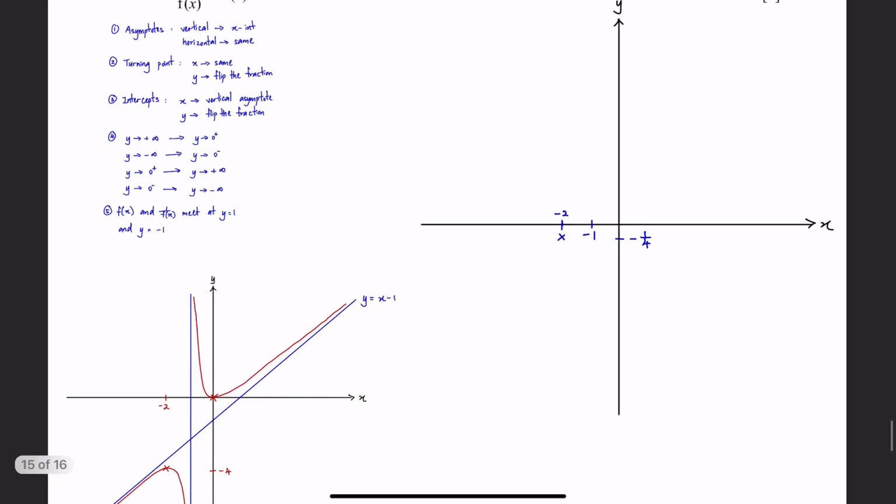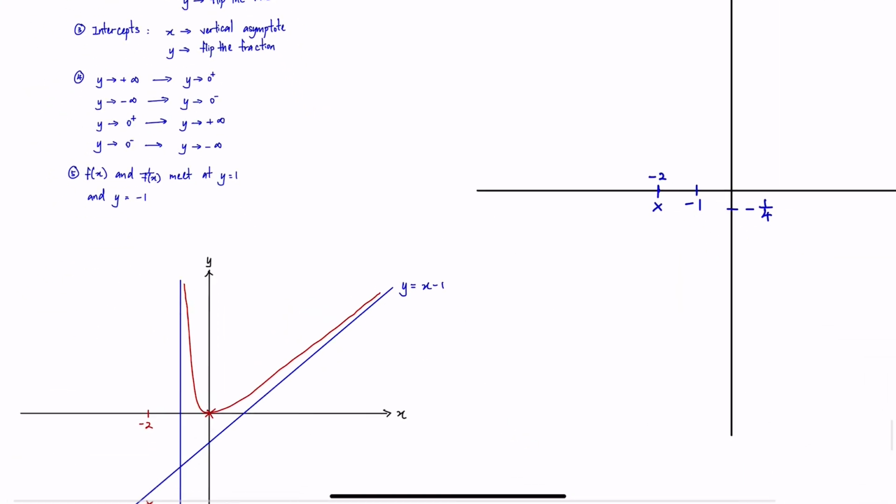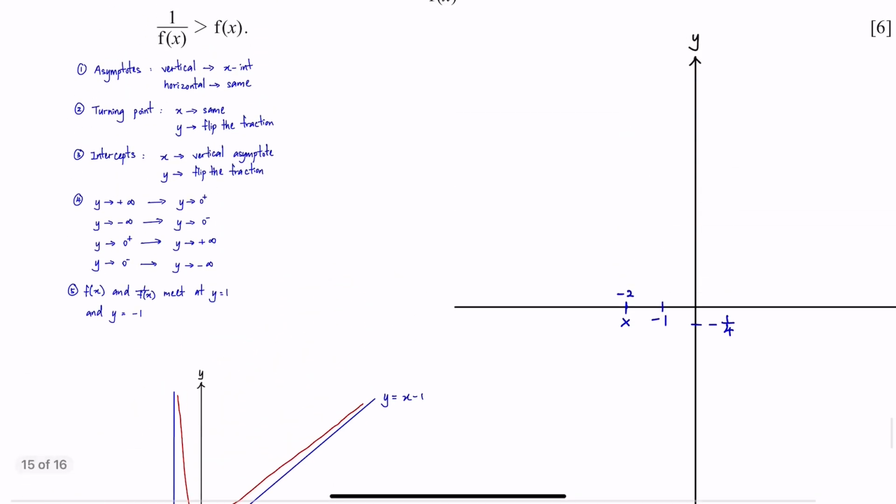And for the y-intercept, we need to flip the fraction. But we do not have any y-intercept, since this is an asymptote now.